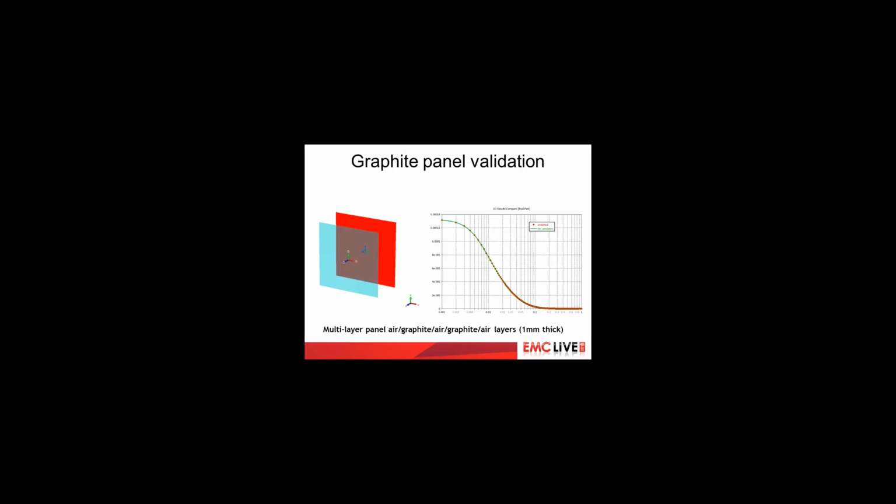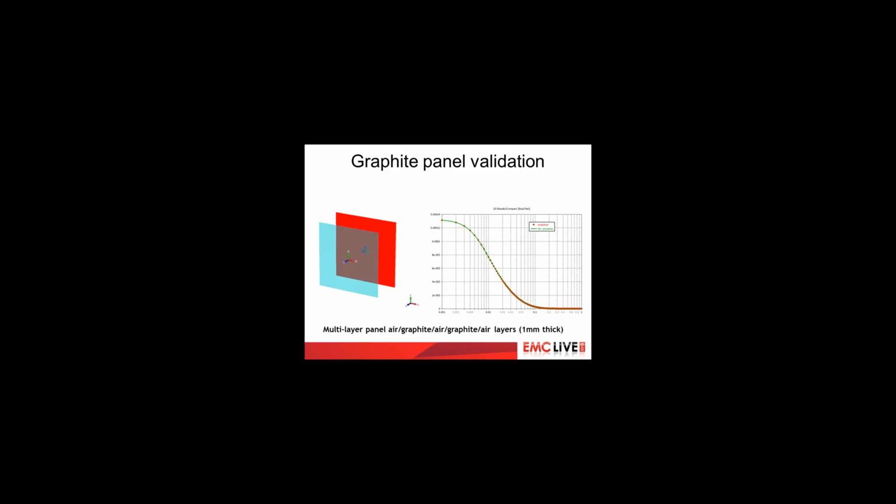We validated this thin panel technique using some simple, well-defined problems. In this case, you can see we have a multi-layer panel consisting of air, graphite, air, graphite, air, with a total thickness of 1 millimeter. And this simple case can be solved analytically to validate the 3D simulation, the TLM thin panel algorithm.